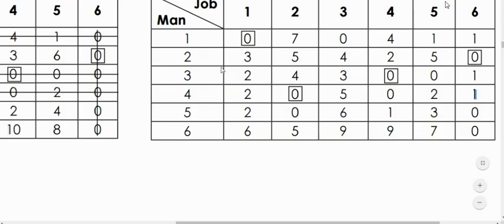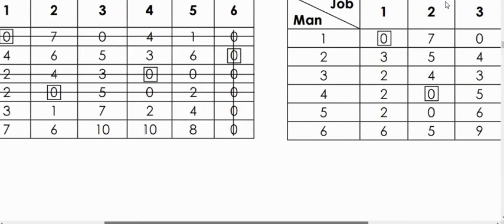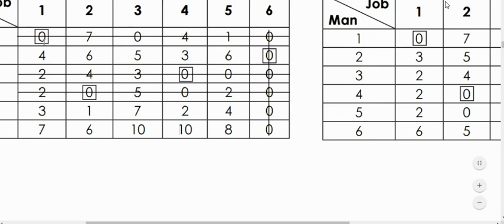So see, we added and we subtracted. Now we have a new table. Now in this new table, we have to again highlight all those zeros. Highlight means I have to again make the square. Not a new square, but the square which I got here. So in row 1, I got a square on job 1. So I put the square back here.